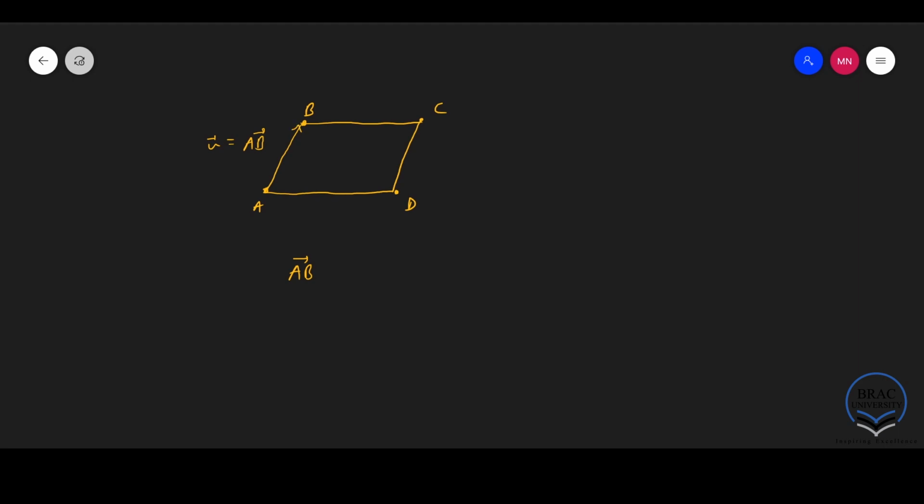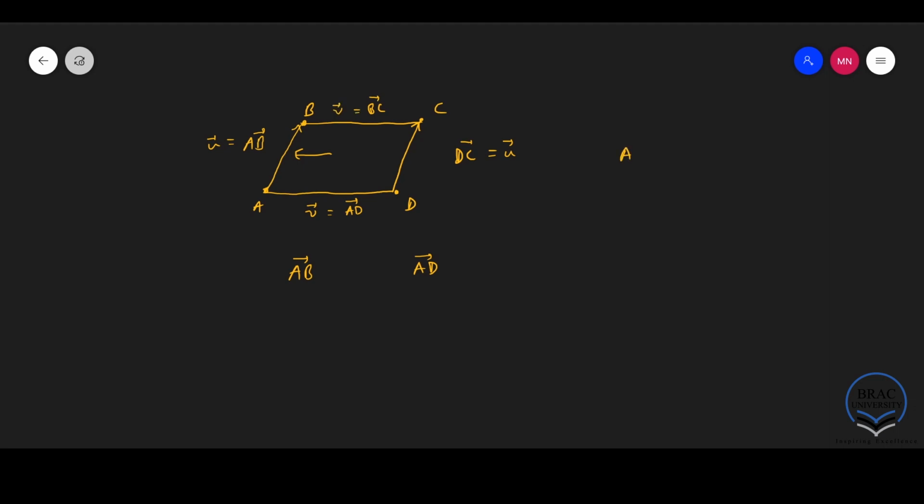Since this is a parallelogram, both of these sides are the same length and in the same direction, so the vector D to C is also equal to U. Similarly, let's say the vector AD is equal to V, and the vector BC will also be equal to V.